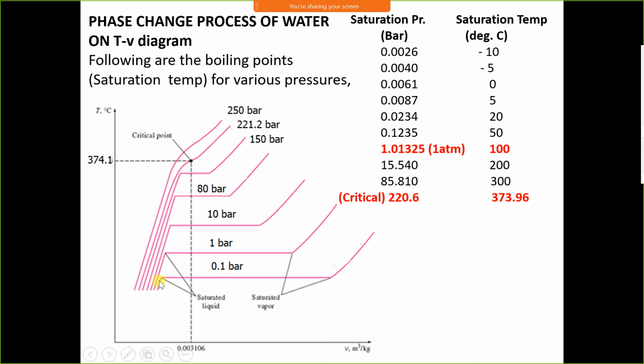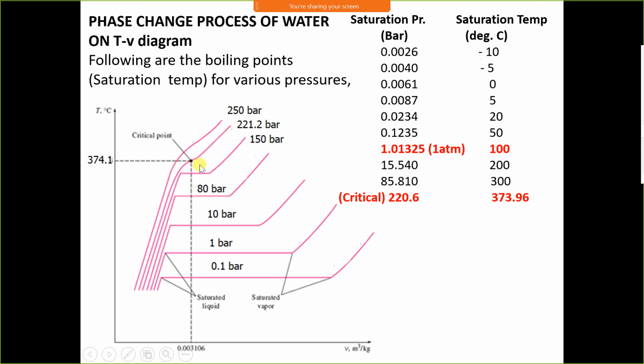Now, these points represent saturated liquid points. If I join the critical point with these saturated liquid points, it will give the liquid saturation line. Now these points represent saturated vapor points.